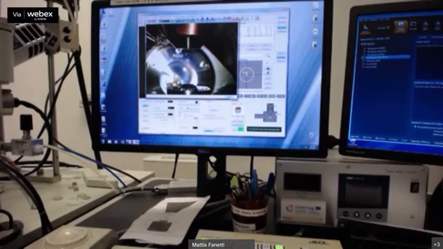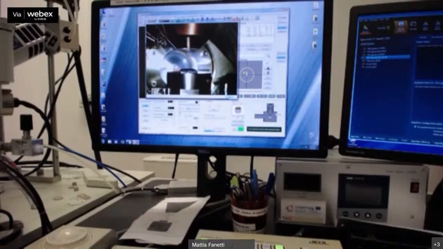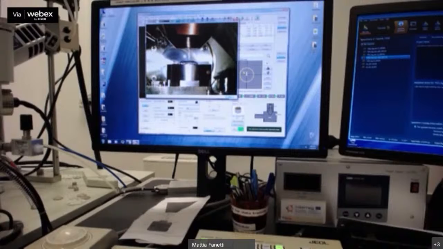This is the sample holder. Now, since these silver particles that I'm going to analyze are pretty small, I will go to quite close working distance in order to have a higher resolution.